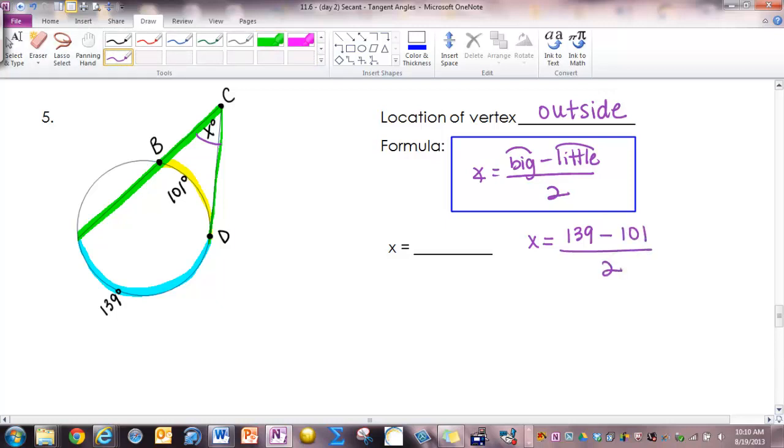Please don't forget to divide by 2 there. So x is 139 minus 101, which is 38, and again divided by 2, 38 divided by 2 is 19 degrees. So x is 19 degrees.